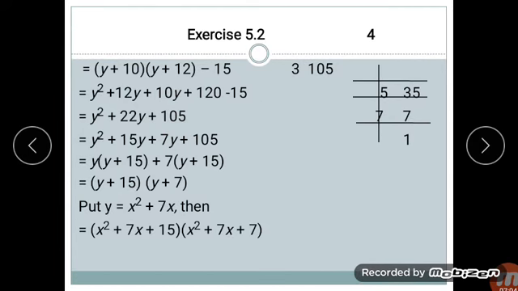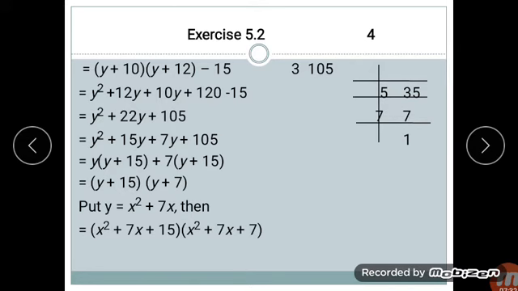Now we can see that we have three terms, and this expression is not yet factorized, because factorization is when we write the expression in its product form, and this is not yet written in its product form. So further factorization is required here. When you have three terms in an expression, you can apply the midterm partition, or midterm breaking.